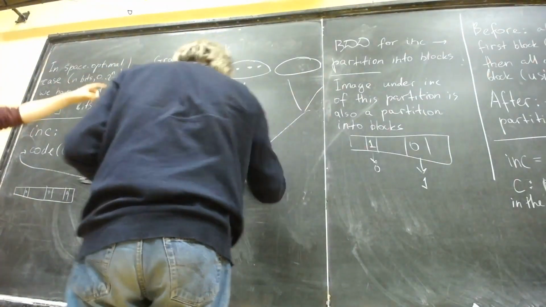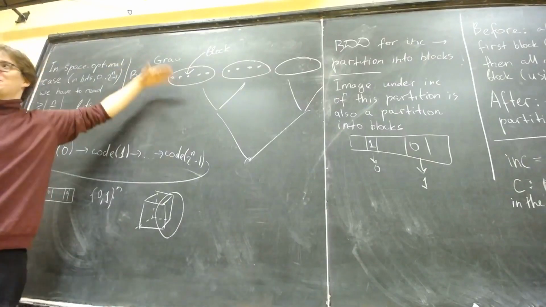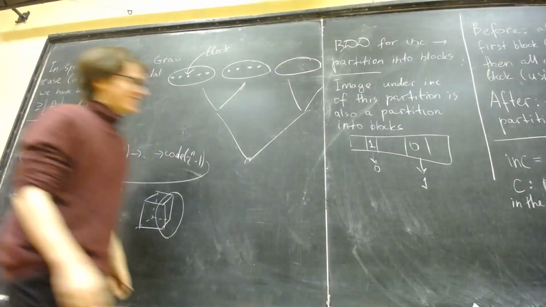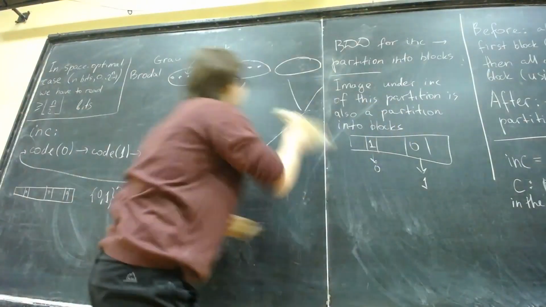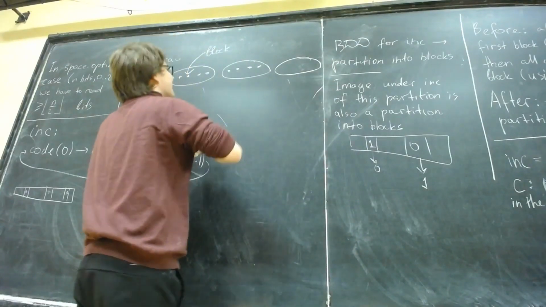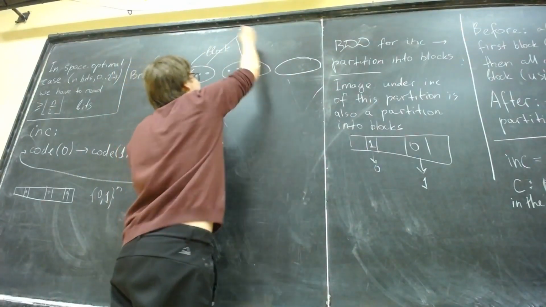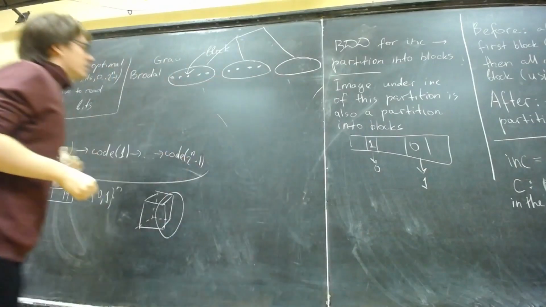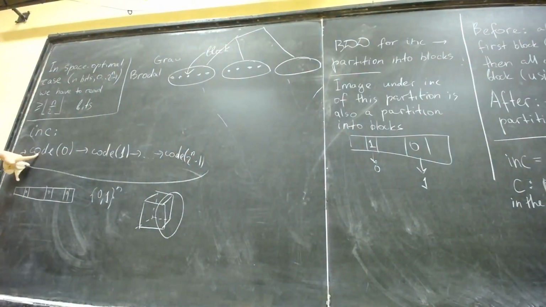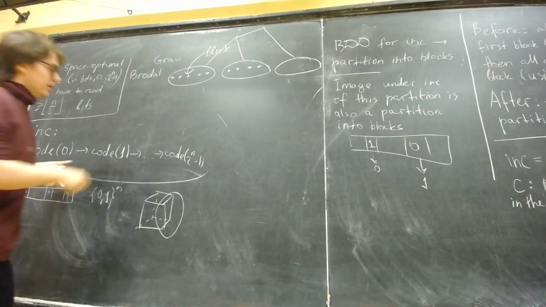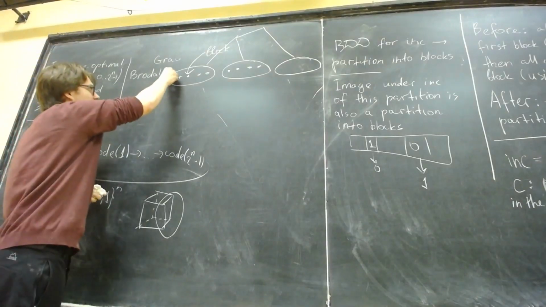I can draw it lower. Now we have the increment permutation, defined as written here.